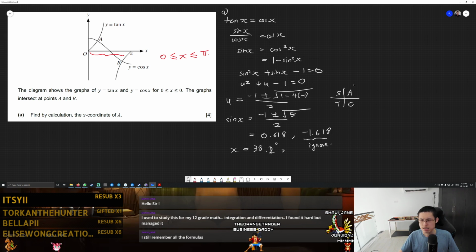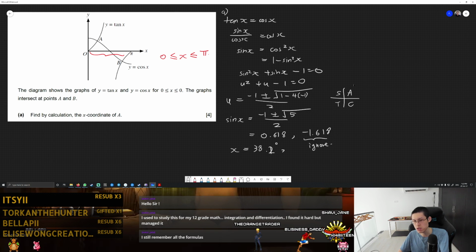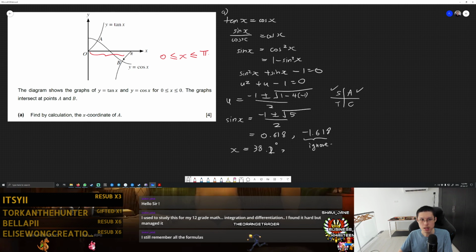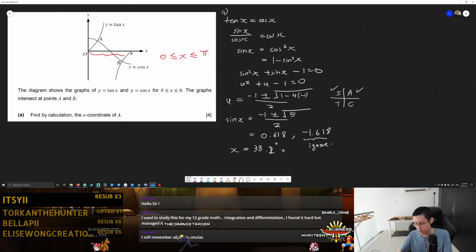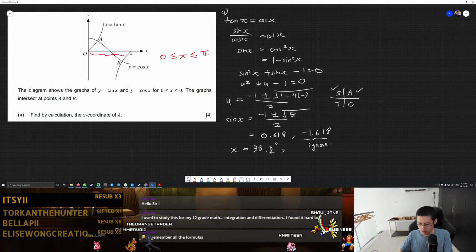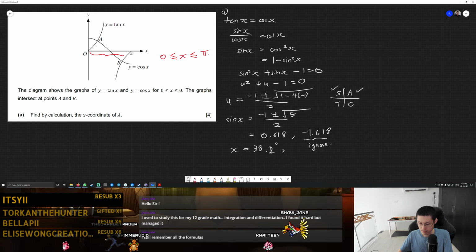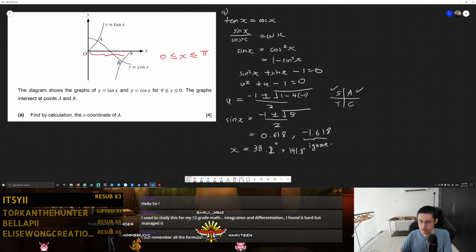Yeah, technically, when you work out the arcsine of 0.618, you should get two answers because it's in the first and second quadrant. Actually, I just realized something. The domain is from 0 to pi, which means you are looking at the first two quadrants, so I messed up there. The other answer should actually be 180 minus 38.2, which is 141.8 degrees. But we actually ignore this one, the second one.